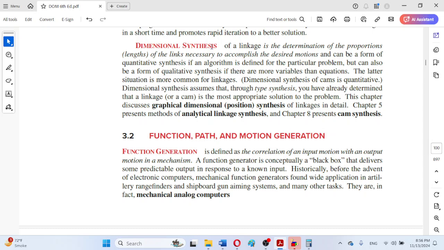Synthesis is the process by which the link dimensions are specified.